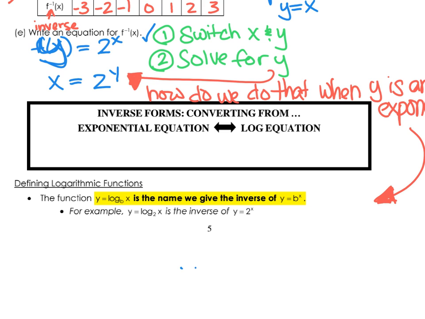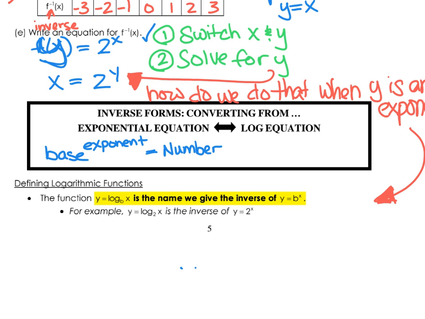All right. So when something is in exponential form, you have what they call your base. And your base is raised to an exponent. And that is usually equal to something. And they call that something a number.